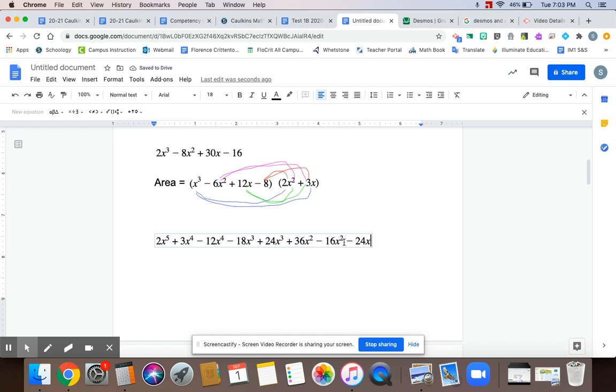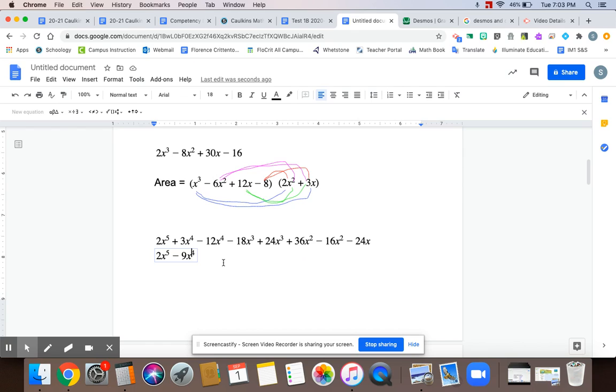And then I am almost done because I always have to end by combining like terms. So this x to the power of 5, this is the only one. So there's 2x to the power of 5. For x to the power of 4, there's 3 here, minus 12 here, becomes negative 9x to the power of 4. For the power of 3, here's negative 18, plus 24.